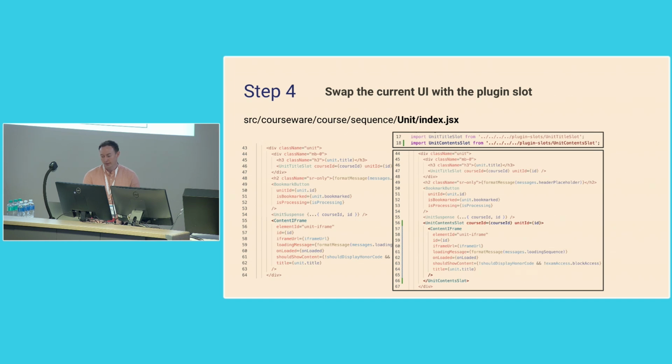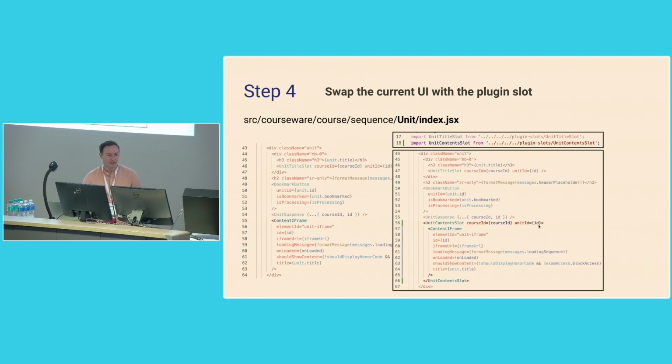We don't have to make too many changes here. Just at the beginning, on line 18, you need to import the new unit content slot that we created. Then look for this content iframe element on line 55, and you just have to wrap that with our new unit content slot. So just add this UnitContentSlot React element here, and we pass in the props that we defined as the new API: course ID and unit ID.